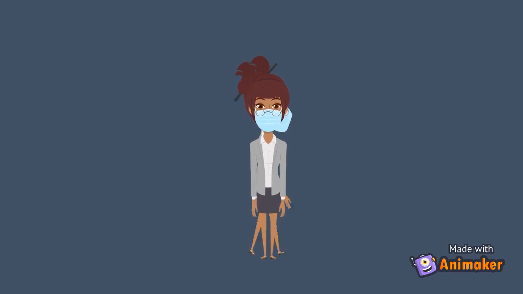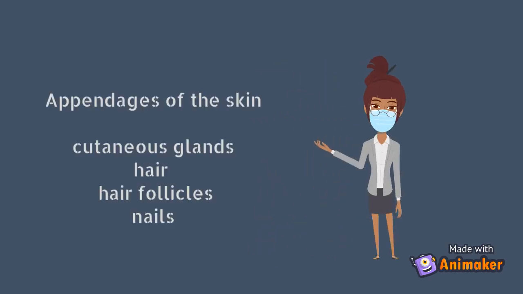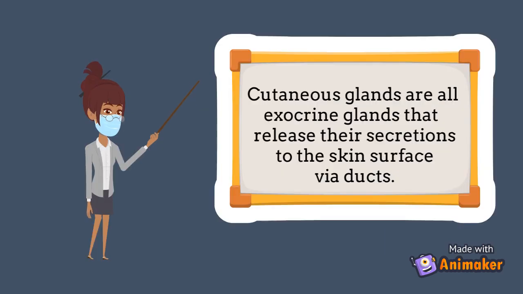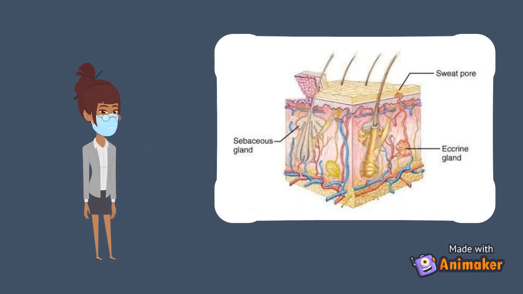Now, let's proceed to the appendages of the skin, which include cutaneous glands, hair and hair follicles, and nails. Cutaneous glands are all exocrine glands that release their secretions to the skin surface via ducts. They fall into two groups. Sebaceous glands, or oil glands, produce sebum.